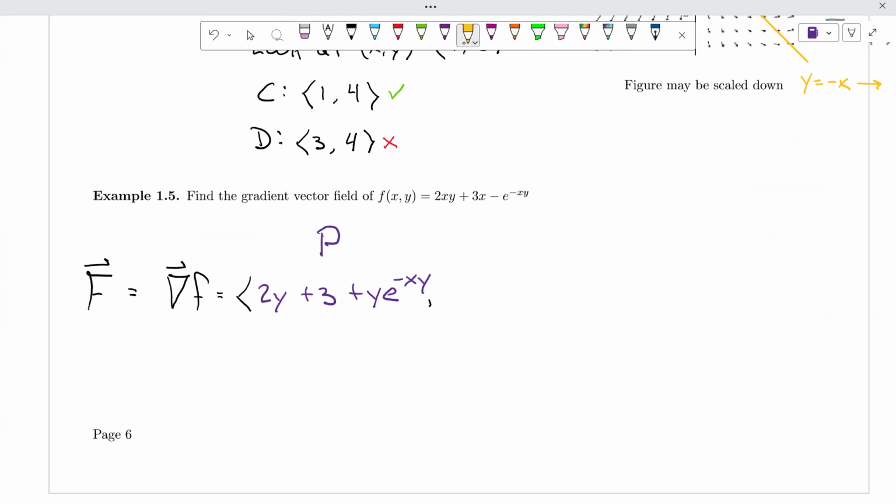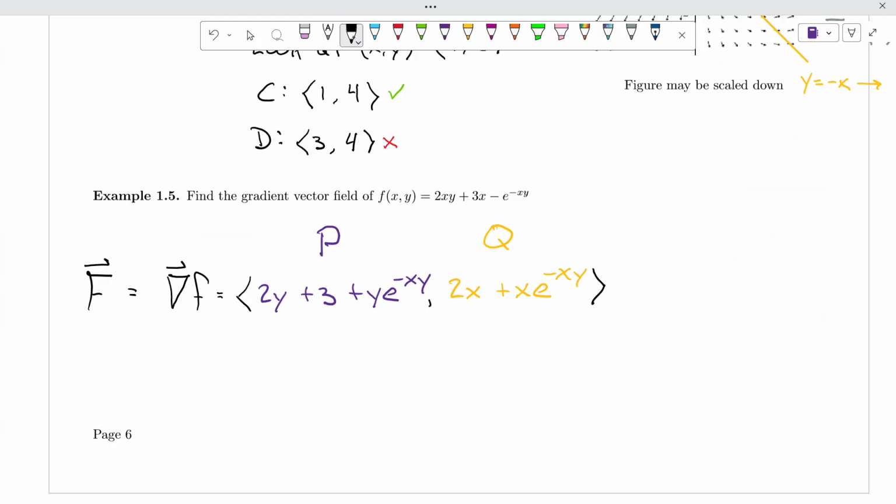Now, for the y component of the gradient field, I just need the y partial derivative, which looks like 2x plus x e to the negative xy. That'll be the y component, or q is often what we'll call that part.